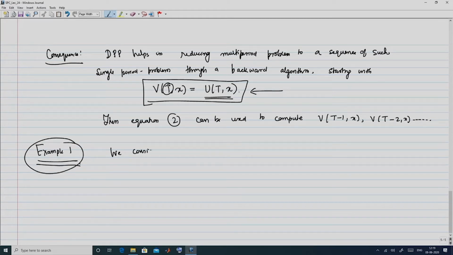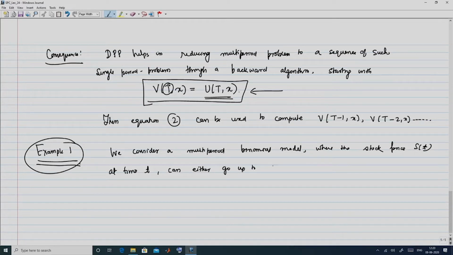Again, remember that we are in the discrete time framework. So, we consider a multi-period binomial model where the stock price S of t at time t can either go up to S of t times some factor u with probability p, or come down to S of t times d with probability q, where d is the down factor.